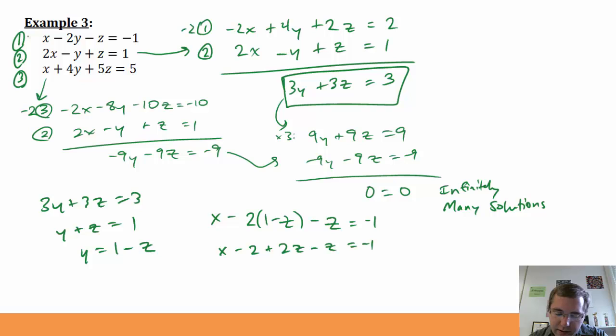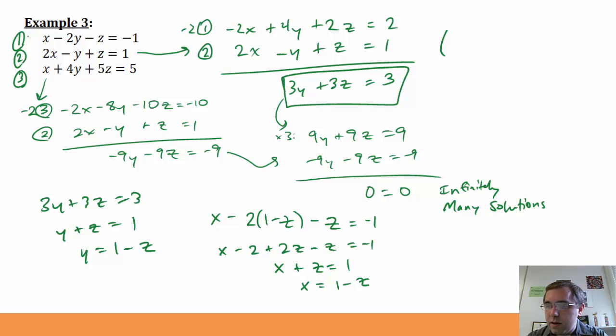That means that if I add 2 to the other side and then combine the z's, x plus z equals 1. So x equals 1 minus z. So for every one of these infinitely many solutions, whatever z is, if I take 1 minus that, I will get the value for x, and I will get the value for y. So the x and the y values of every one of these points has to be the same.